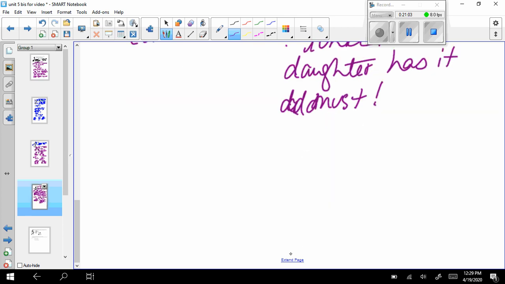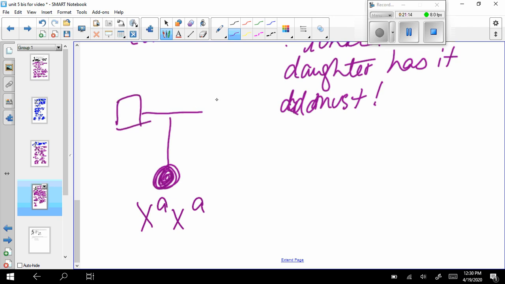All right, let me just explain that with a little pedigree here. So here's my daughter, and she has this trait. So X^a X^a. And I go up to her parents, dad and mom. She got that X^a from her parents.